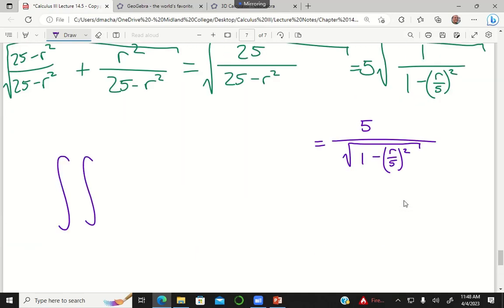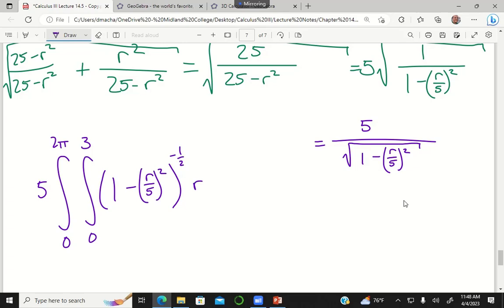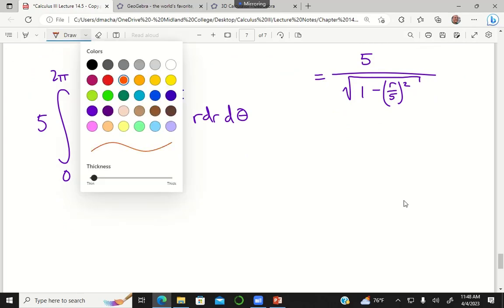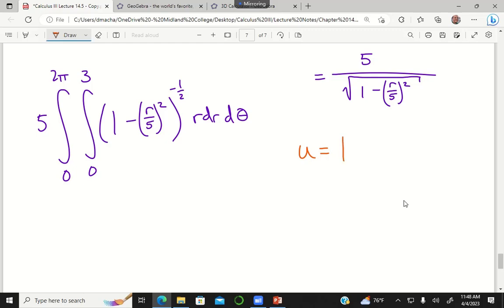The way I'm rewriting this double integral is going to be 0 to 2 pi, 0 to 3. Pull the 5 outside because that's a constant. Inside my integrand, I'm going to have this raised to the negative 1/2 power, 1 minus r divided by 5 squared, r dr d theta. Now, what I'm going to make my u for my u substitution is 1 minus r over 5 squared.